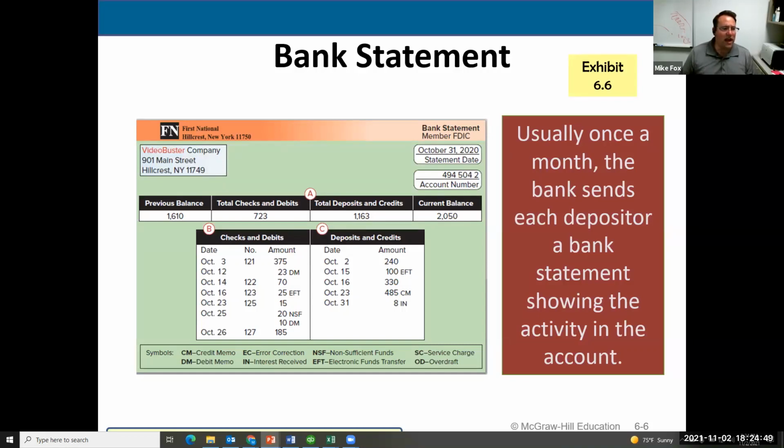One point of clarification: some people say, wait a minute, if this is a deposit into my account, why is it a credit? Because cash increases with a debit. And you're right, cash does increase with a debit and decrease with a credit, but the bank doesn't care about your perspective, they're thinking from their perspective. Anytime you deposit money in your account, you're actually loaning that money to them.